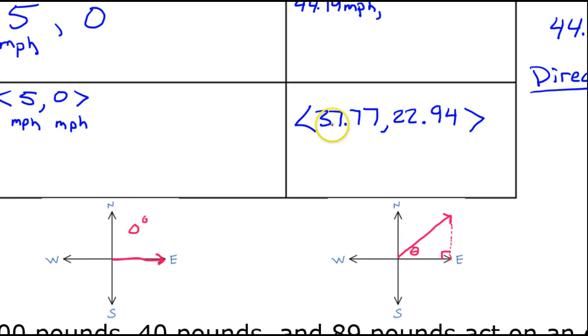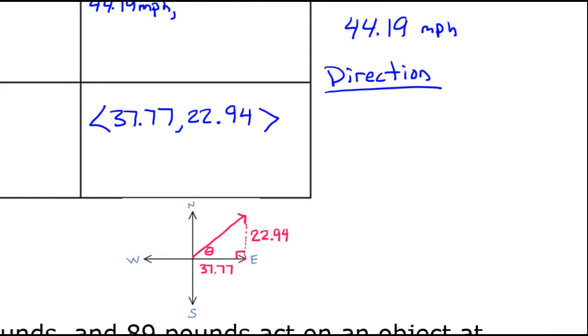So it was 37.77 to the east. So that's here, 37.77. And 22.94 north, that's the vertical component. So that will be here in the diagram, 22.94. So we can use tangent to calculate what this angle is, because the tangent of theta is going to equal 22.94 over 37.77.